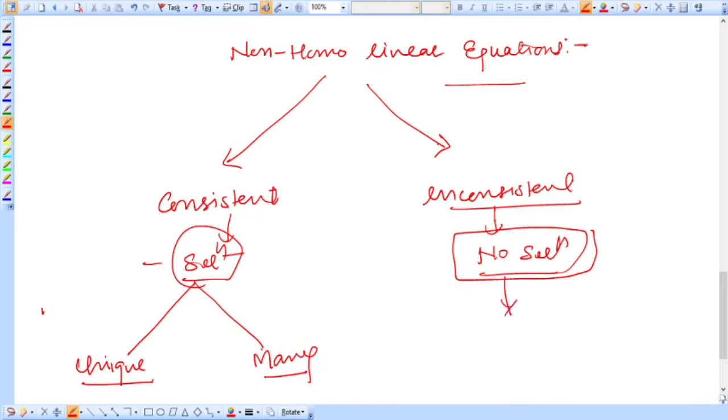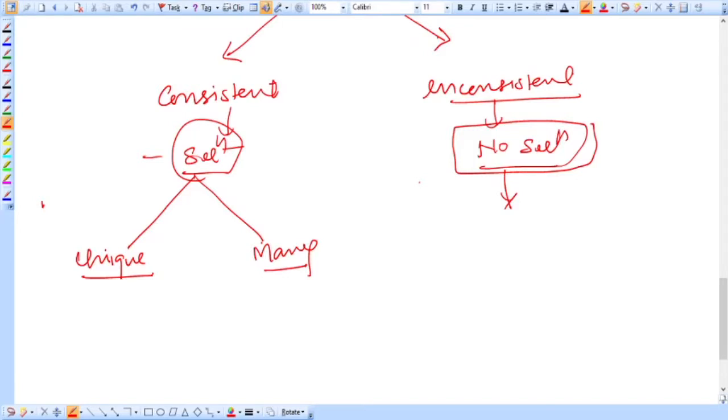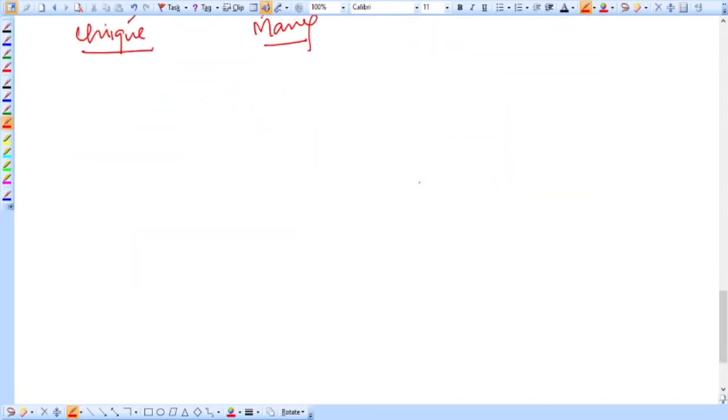So if the equations don't have any solution, then the system is known as inconsistent. If equations have some solution, then they are known as consistent. Now we are going to discuss case by case when we will have no solution, when we will have a unique solution, and when we are going to get many solutions.